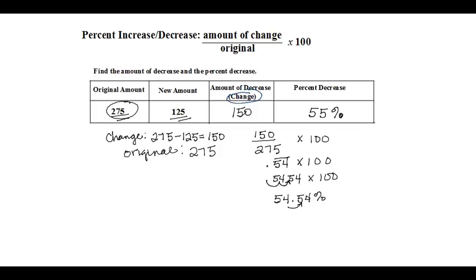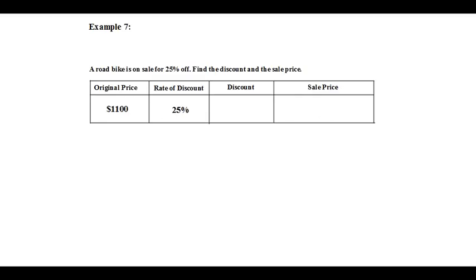All right. Let's go on to example 7. We're looking at buying a bicycle. So a road bike is on sale for 25% off, which would be awesome if you're into cycling. Find the discount and sale price.